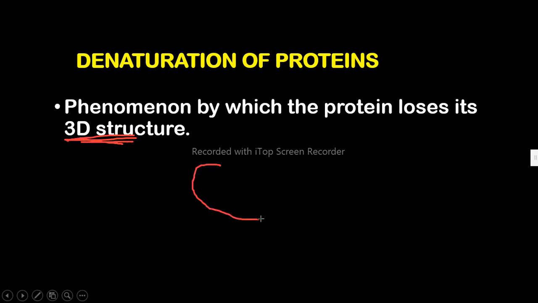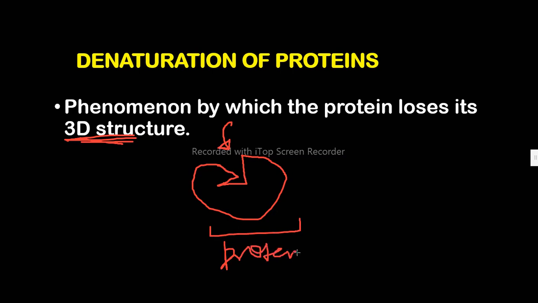If you have a protein with a certain structure and shape, and this is its active site, and then something happens that makes this protein, not only enzymes but any protein, lose its shape, even by some slight change, and you lose the shape of the active site, then the protein is considered denatured. Why? Because it is rendered useless.